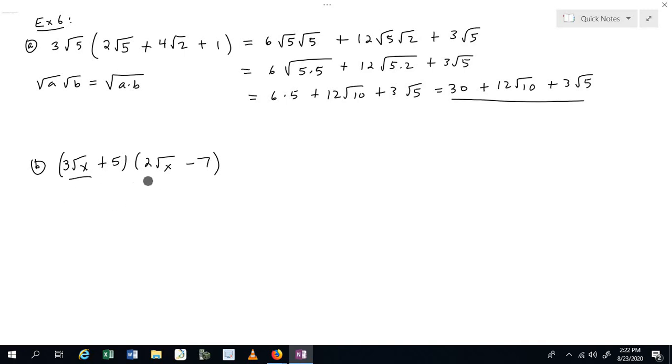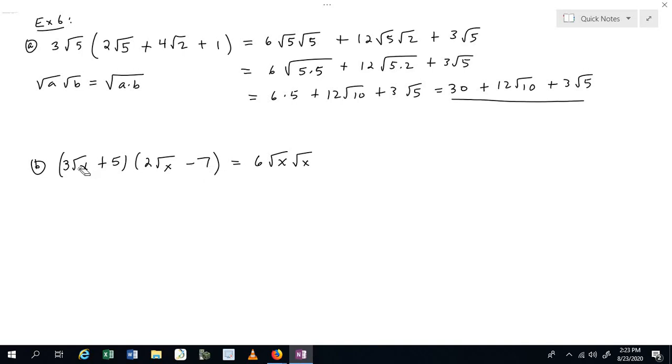So let's do first times first. Again, I'm going to rearrange the order. I'm going to multiply the 3 and the 2 together first to give me 6, and then you'll be left with the square root of x times the square root of x. So that's your first. Now your outer looks like it's going to be a negative number.